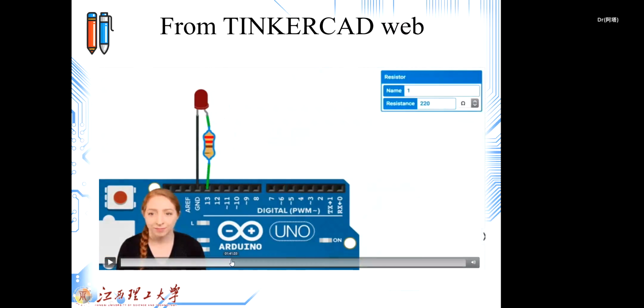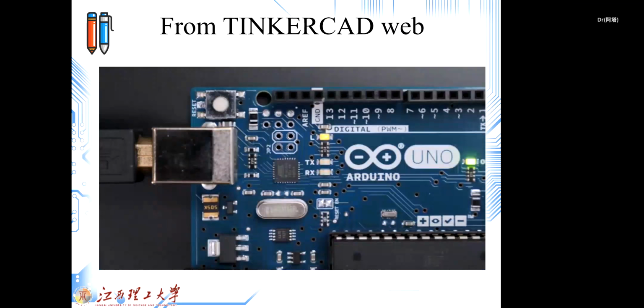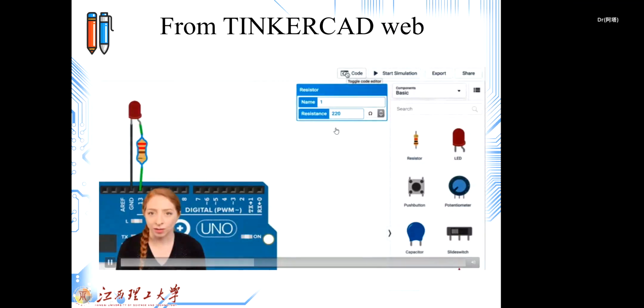Something we will study later is that an LED is not like a resistor where you can use any polarity. We have anode and cathode, and we should connect it based on our logic to the resistor. Anyway, this is the place of pin number 13 that you can see on the Arduino side.